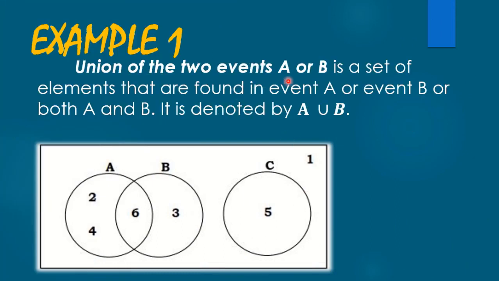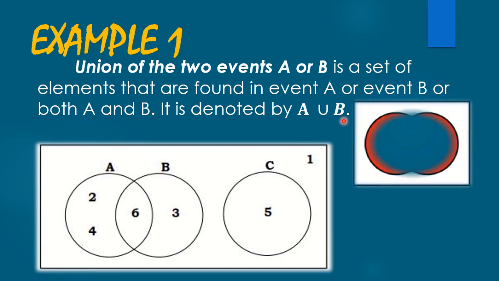The union of the two events A or B is the set of elements that are found in event A or event B or both A and B. It is denoted by this symbol and read as A union B. Using the Venn diagram, the shaded region will illustrate A union B. It just means all the elements that we can find in event A, event B, or both events.